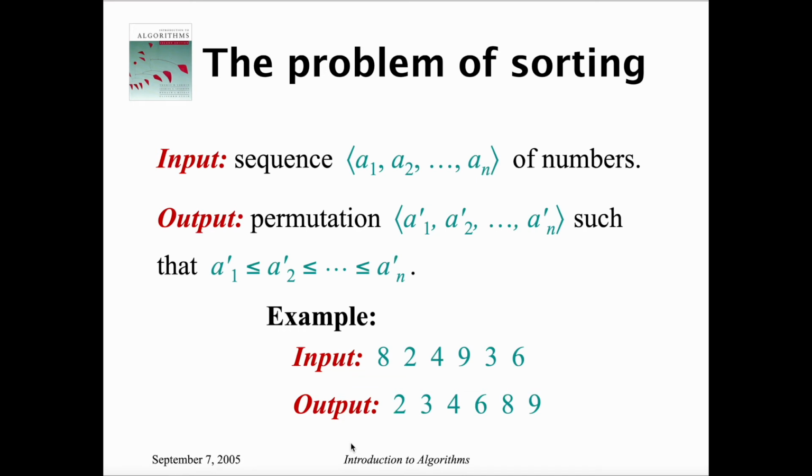Again, we have the input and the output specification. For the input, we have a sequence of numbers, and for the output, the requirement is that it's a permutation with this condition. So an example input instance is this, and the output is a valid output because it obeys this condition.